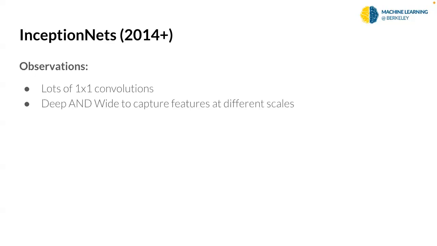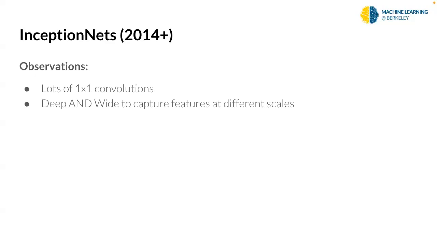Going back to InceptionNet, one observation is that there are a lot of 1x1 convolutions. There are a lot of places where we want to change the number of features and the number of channels that we have, and also just be able to stack them together. It's deep and wide. The reason we have this branching and coming back together is so that you're able to capture features at different scales. As you saw, there's a 1x1 convolution, a 3x3, and a 5x5.